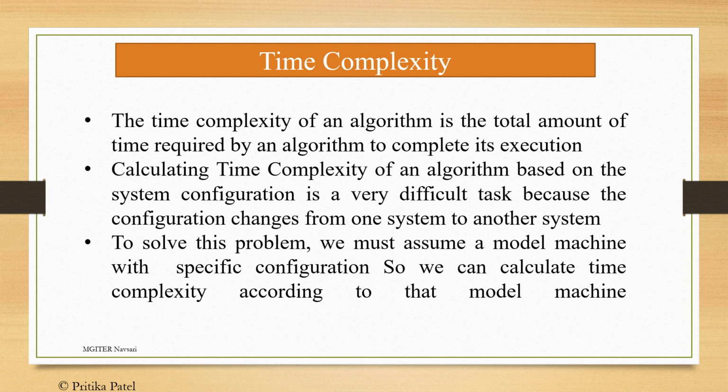Calculating the time complexity of an algorithm based on the system configuration is a very difficult task because the configuration changes from one system to another. To solve this problem, we must assume a model machine with a specific configuration so that we can generalize the time complexity according to the model machine.